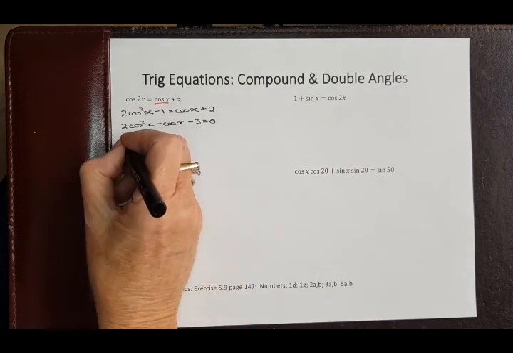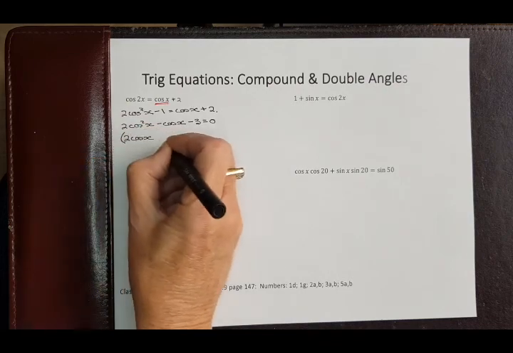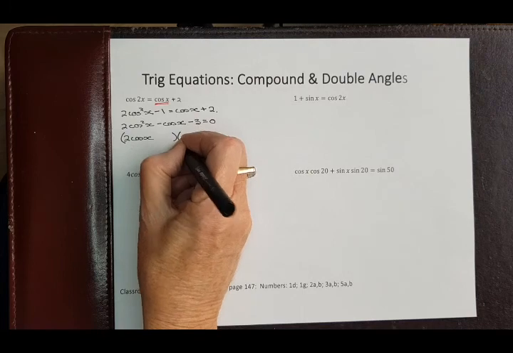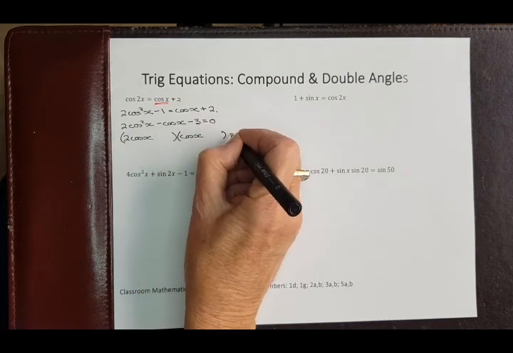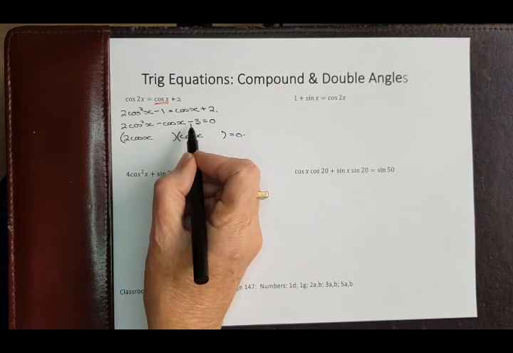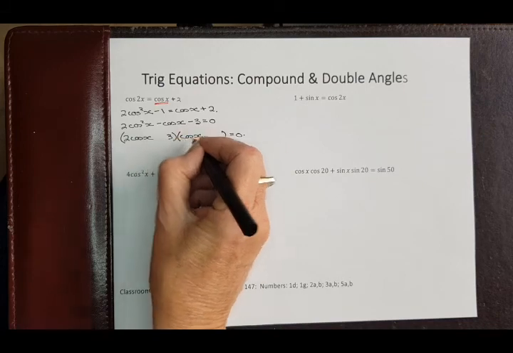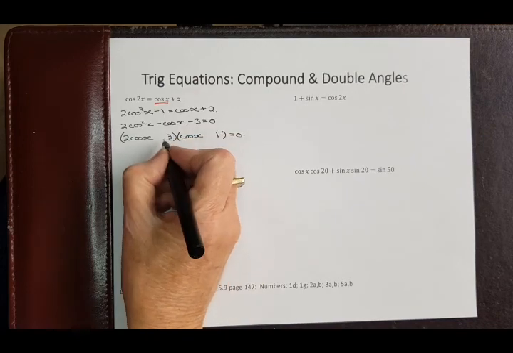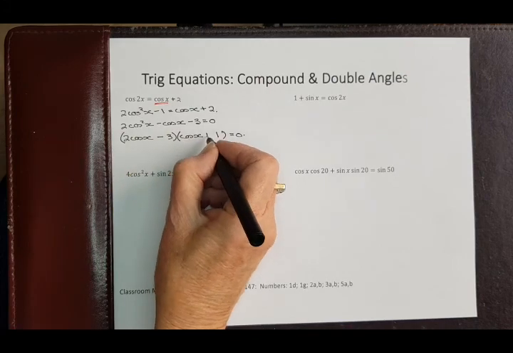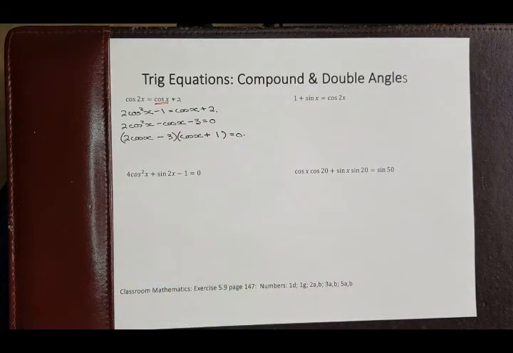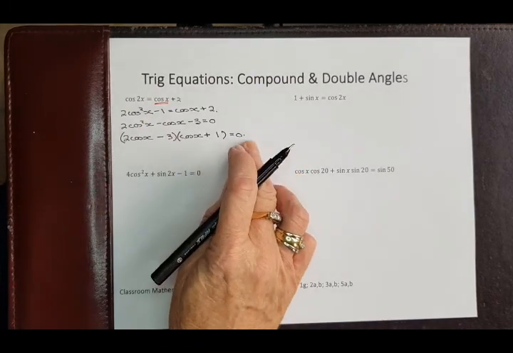When I factorize that quadratic equation, I get 2 cos x... I want to land up with a middle term of minus 1, so the 3 is going to go there, the 1 is going to go there. I want to get a minus 3 cos x and a plus 2 cos x, and so those are my two brackets. Immediately I have a product equals 0.